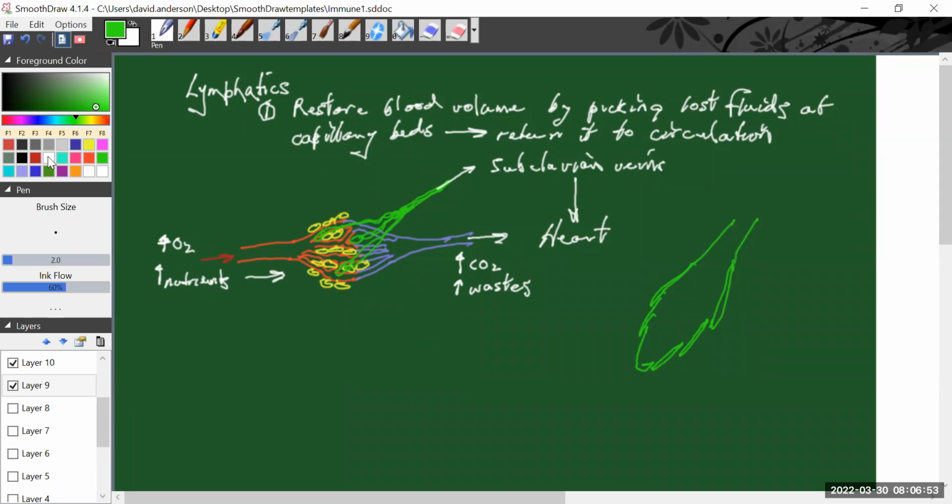So if there's higher pressure outside than inside, the fluid is able to run in these flaps. That's how the lymphatics will fill up.